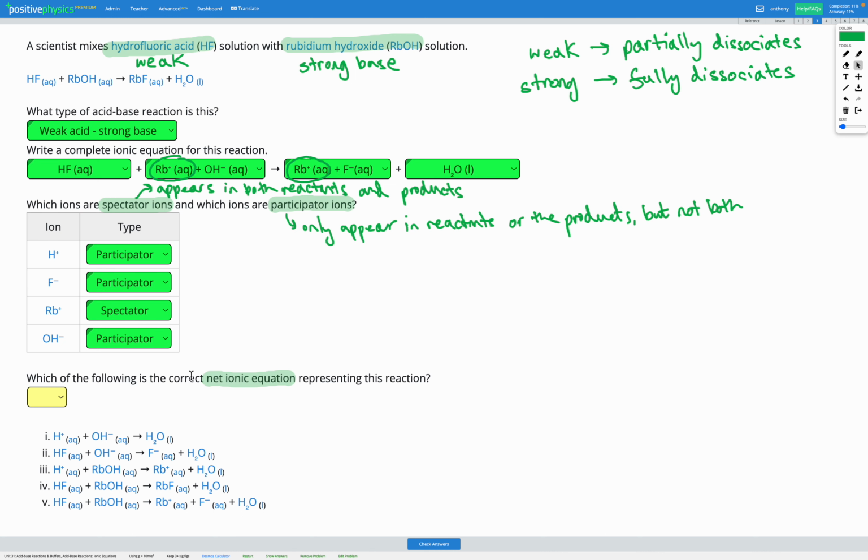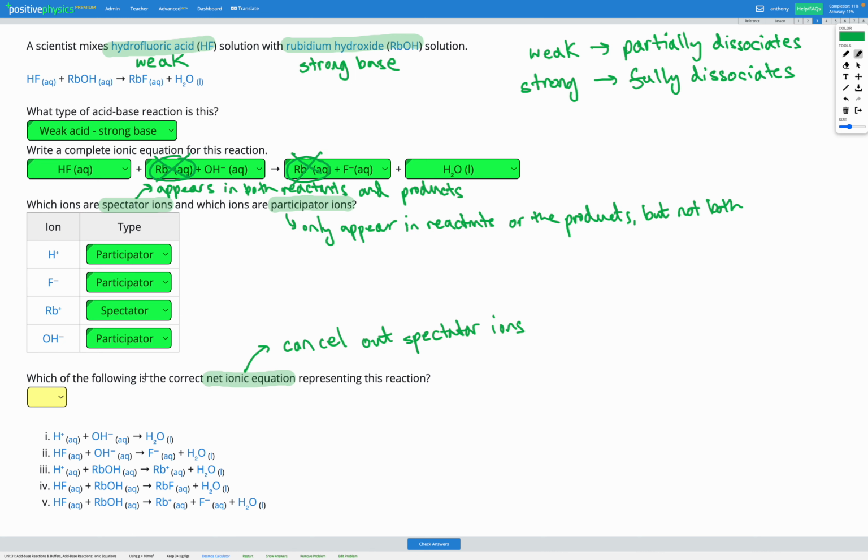Finally, we need to figure out the correct net ionic equation. In the net ionic equation, all we need to do is cancel out spectator ions. So looking at our complete ionic equation, Rb plus was our spectator ion. So if we cancel that out, we're left with our net ionic equation for this reaction.